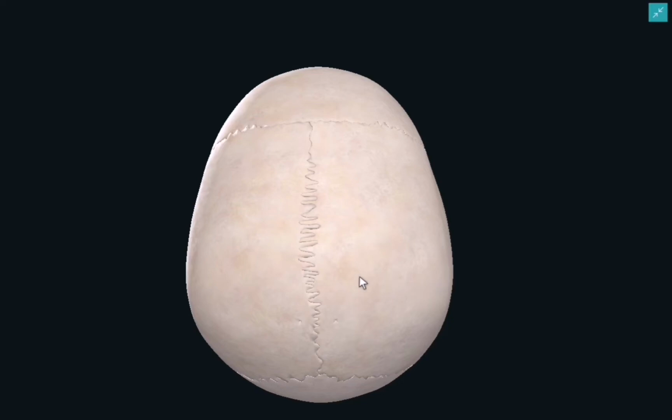There are also two elevations in the parietal bone, called parietal eminences, and they are the primary ossification centers for the parietal bone. So we have bregma, lambda, vertex, two parietal foramina, and two parietal eminences. This is in Norma verticalis.